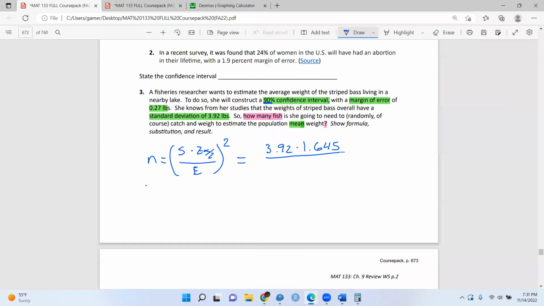And then we're going to divide by an unchanged margin of error. We don't do anything with this 0.27 because this is a mean, so these are actual units that we're using. It's proportions that we divide by 100 to convert the percent to a decimal. So this is what you should have. Anyone have that answer? So I don't have to type it in.